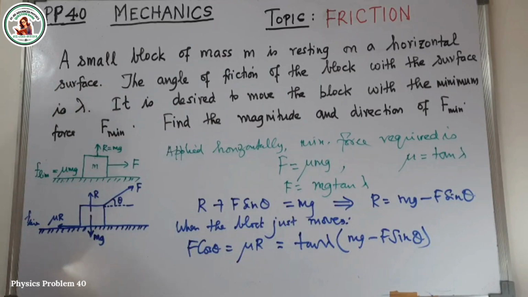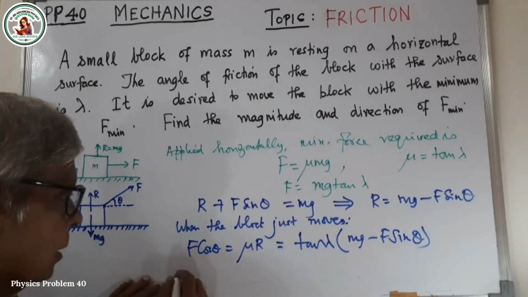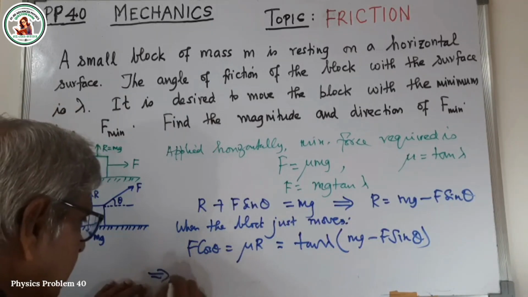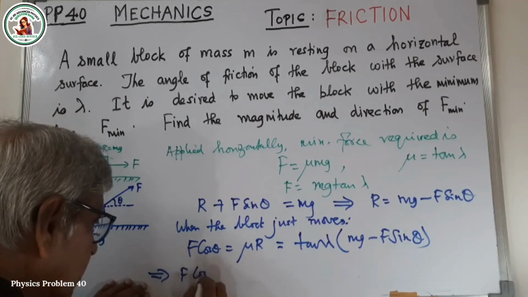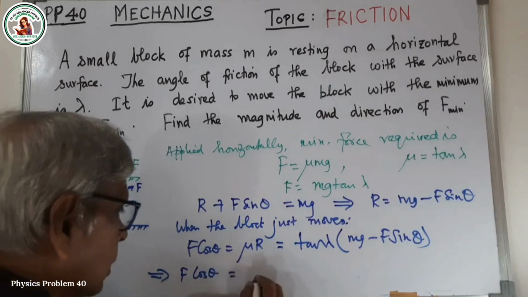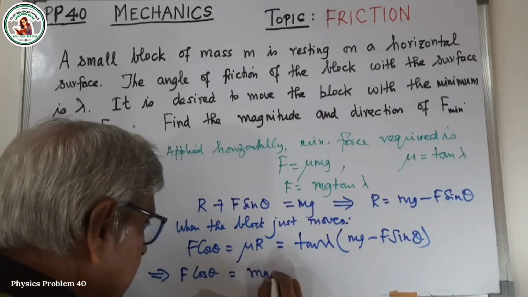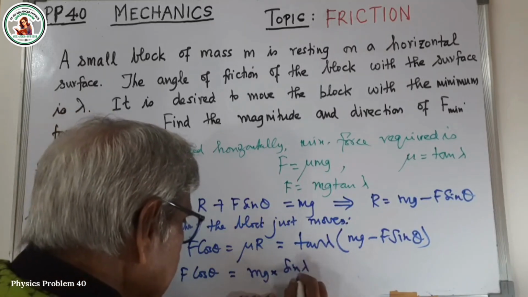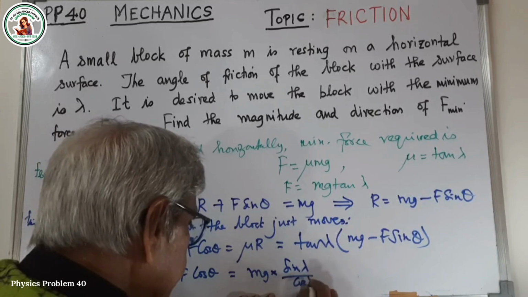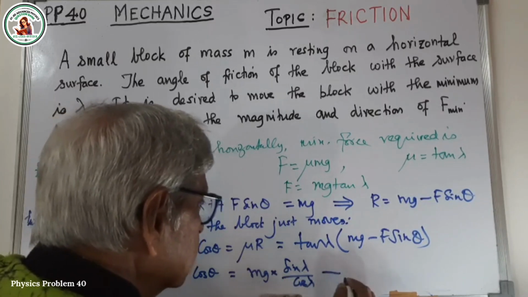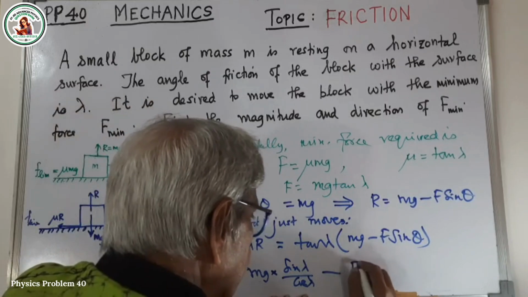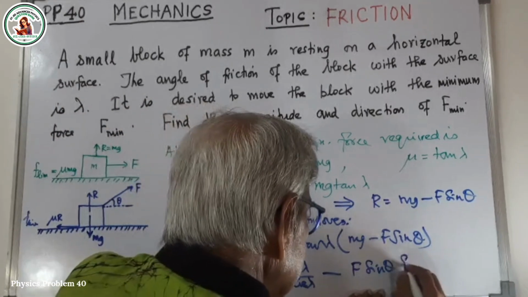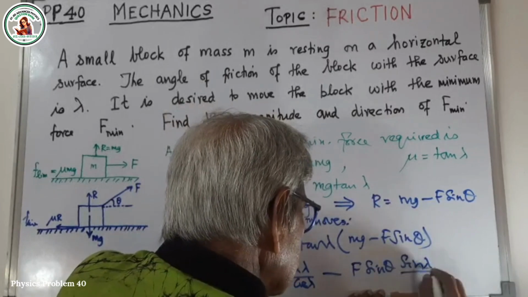So this we further expand. F cos theta is equal to mg tan lambda minus F sin theta tan lambda. Tan lambda I will write as sin lambda by cos lambda.